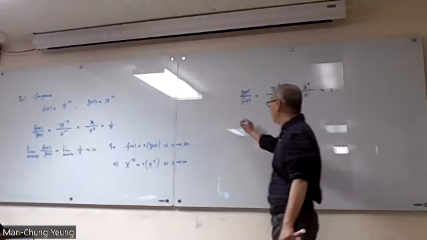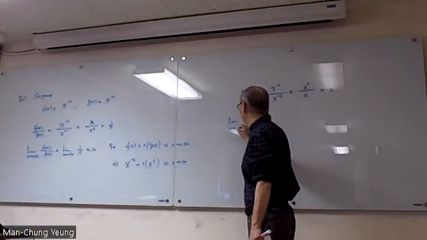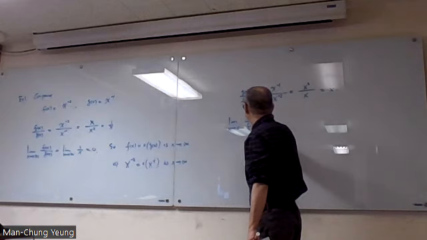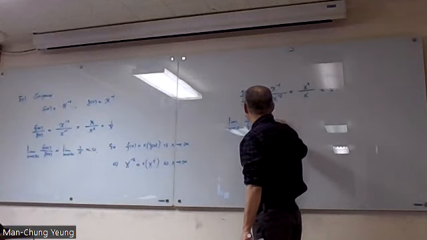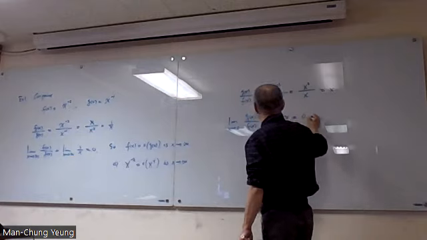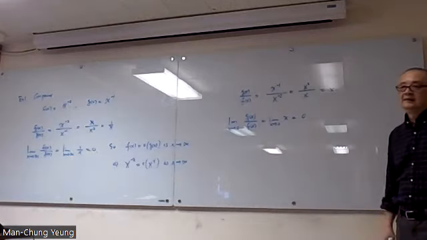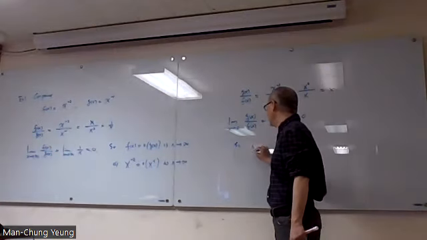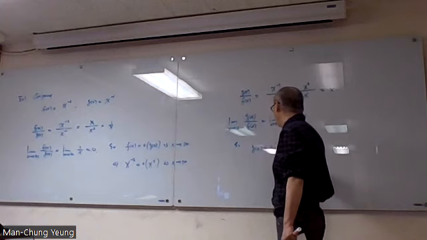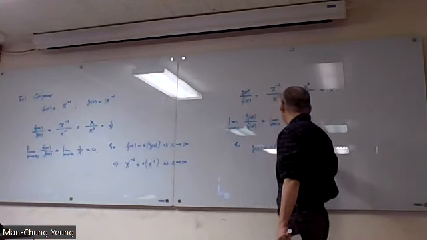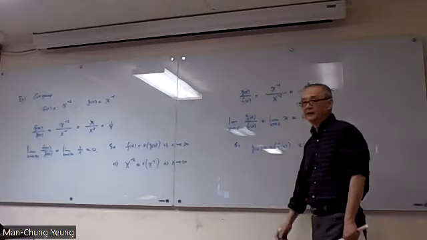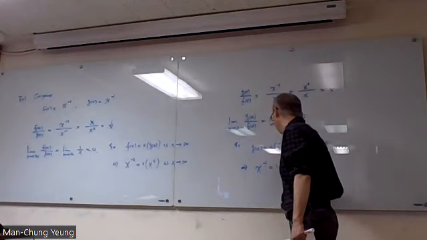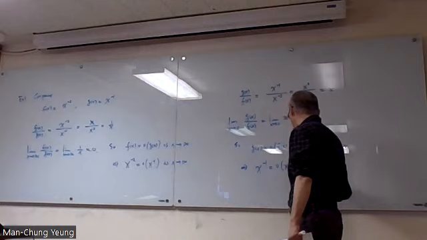Now I can see that when x approaches 0, g over f approaches 0. So I can write g is little o of f as x approaches 0. What is g? x to the -1. x to the -1 is little o of x to the -2 as x approaches 0.